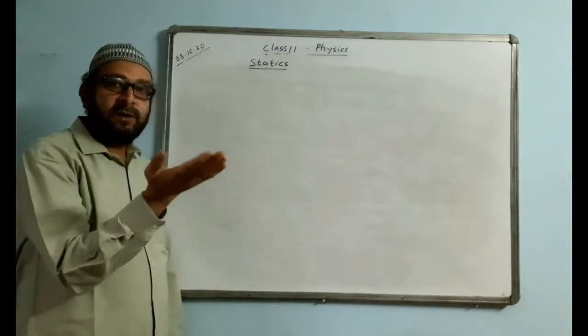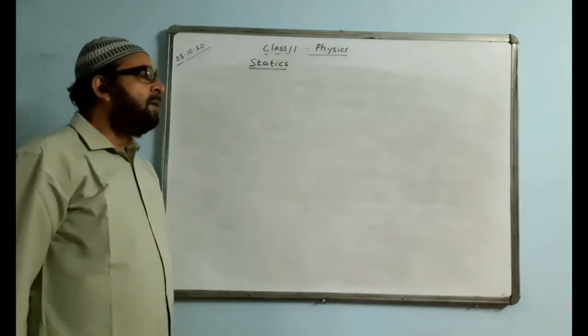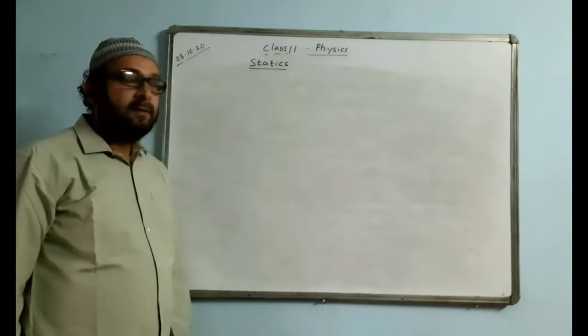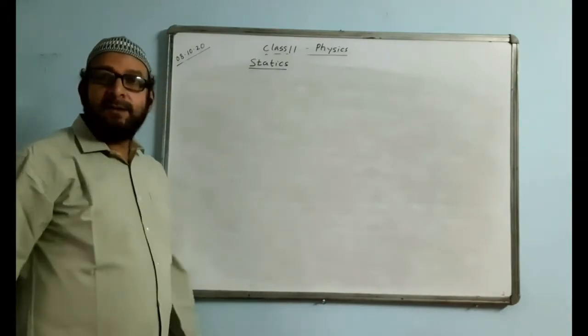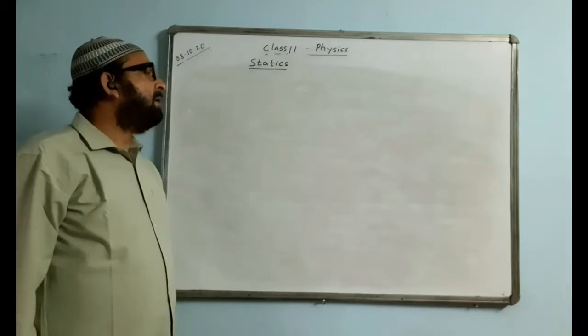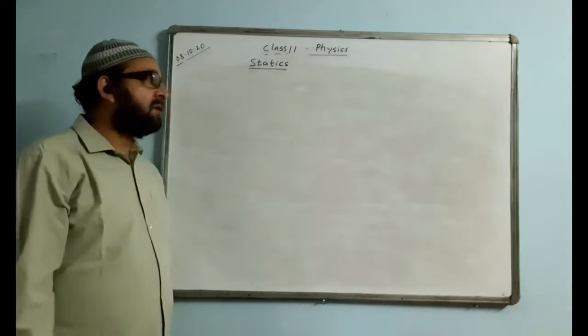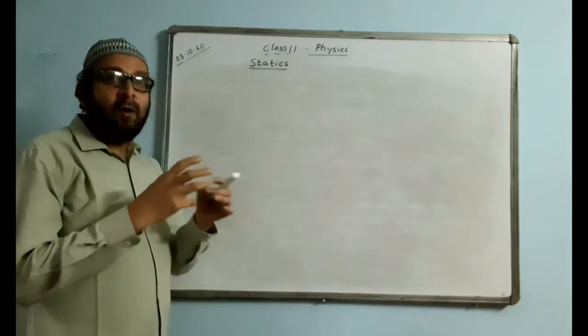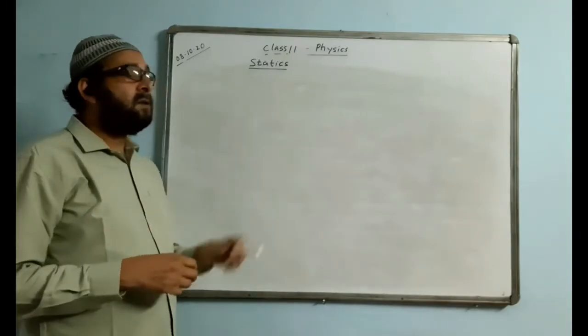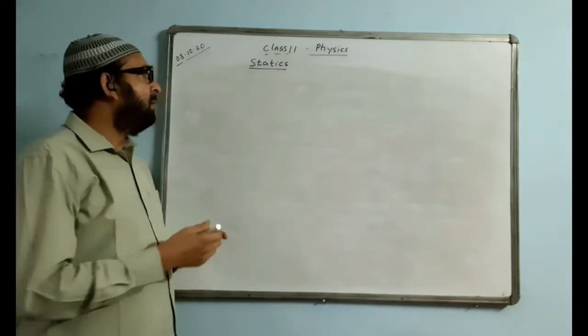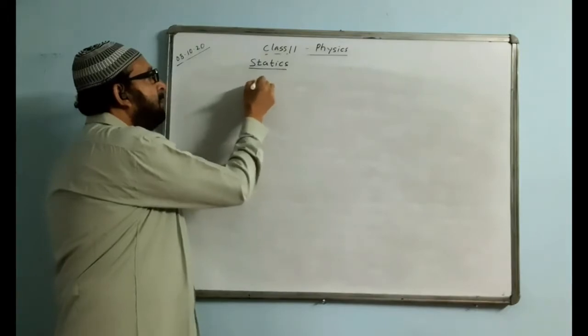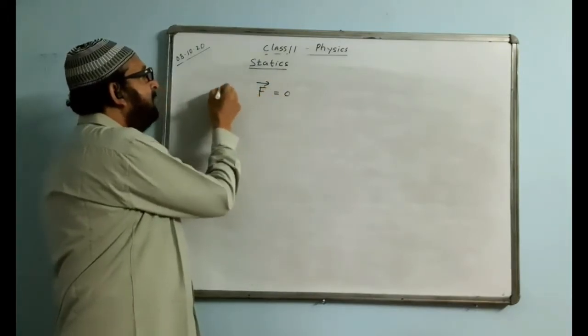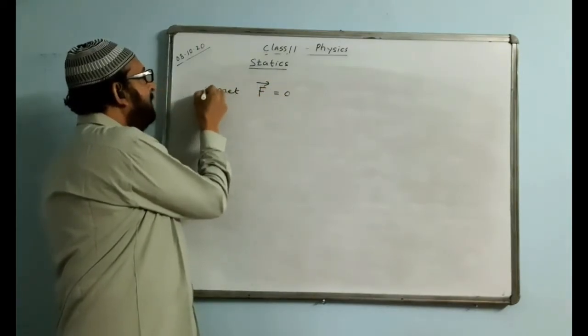Statics means rest. When will a body be at rest or in equilibrium? We say the body will be at rest under two conditions. When the sum of all the forces acting on the body is 0, that means the net force is 0. That is condition number 1.